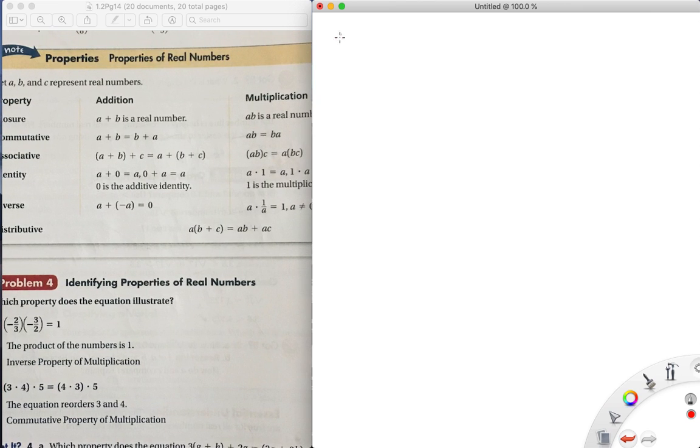So, commutative property of multiplication and addition. So I write it like this, commutative property of addition. All that says is that if I have two numbers and I rearrange the order, they're the same. The commutative property of multiplication says the same thing.